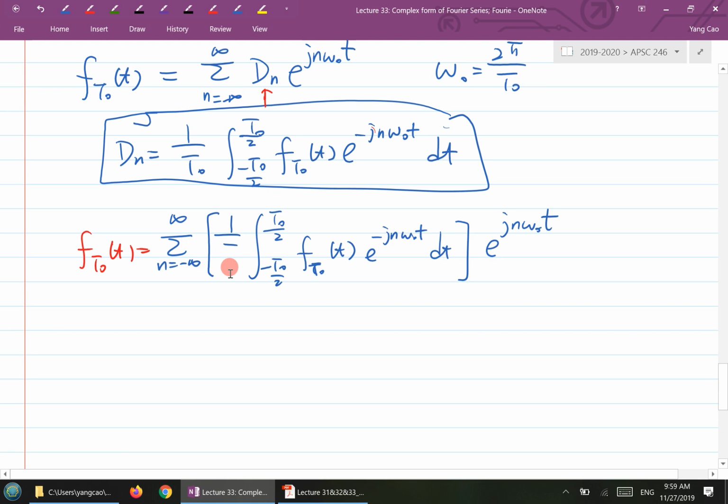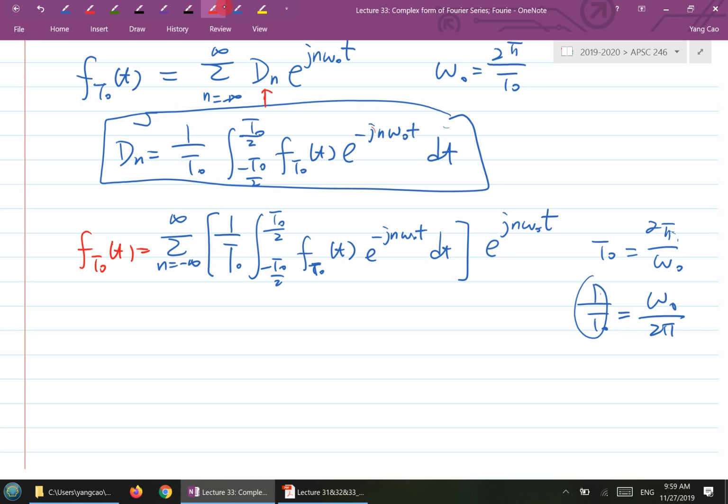So we do have a t naught over here. And if you recall, t naught is 2 pi over omega naught, right? Then 1 over t naught is omega naught over 2 pi. So I'm going to replace this 1 over t naught with omega naught over 2 pi.